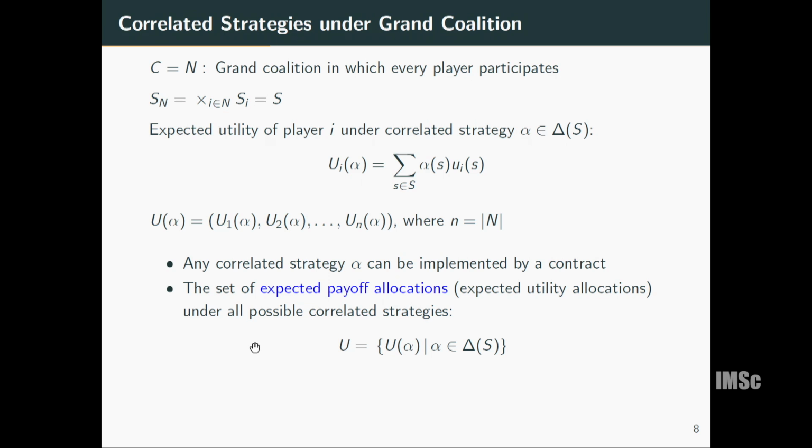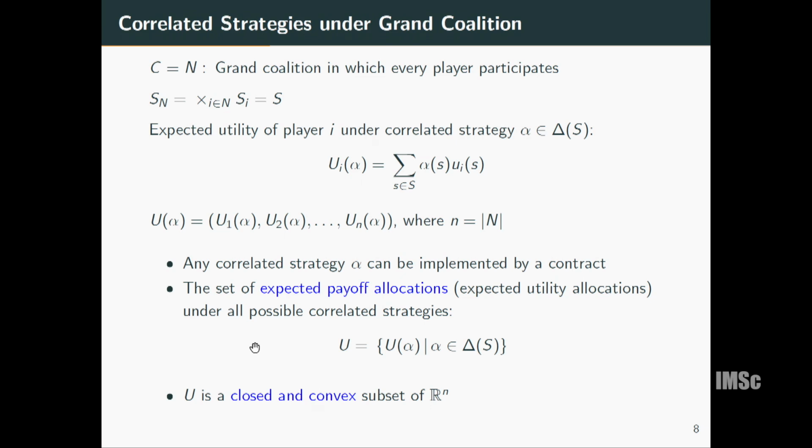Now this is important to see. What do I mean by this? The set of expected payoff allocations is the set of all possible utilities that players can derive by playing any possible correlated strategy. Let us try to understand this, and this set will be a closed and convex subset of R^n.